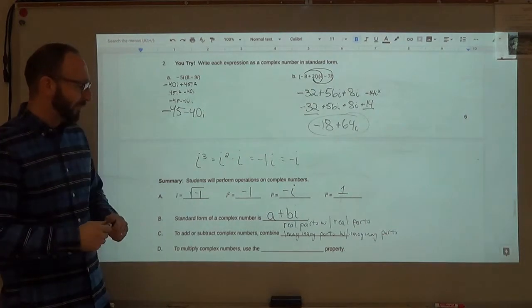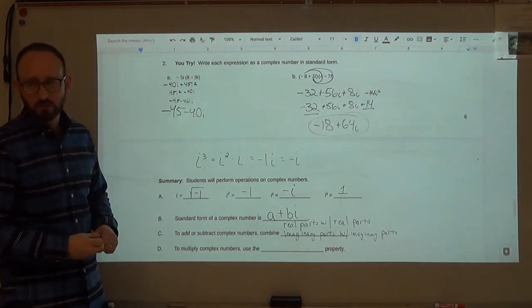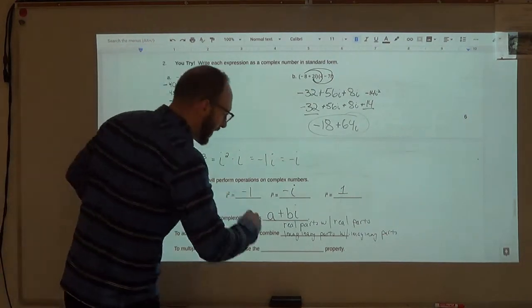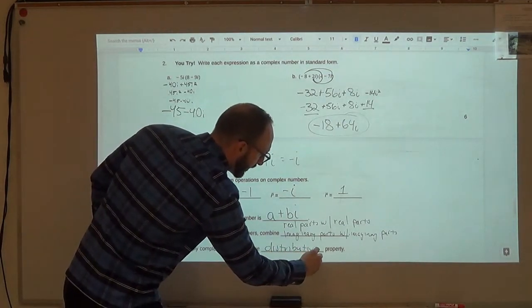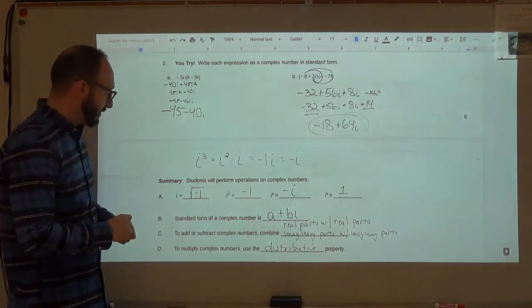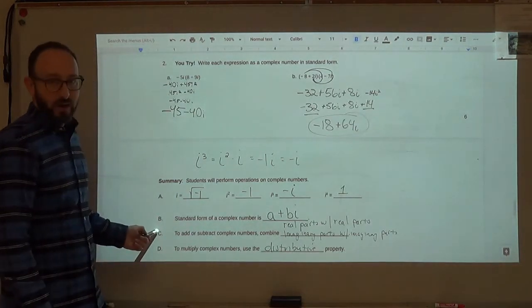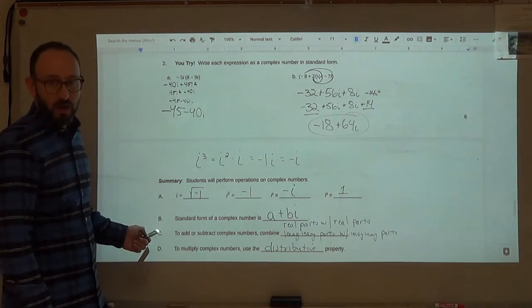And to multiply complex numbers, use what property? The distributive property. And more than likely, you're also going to have to do a little bit of adding and subtracting complex numbers as part of that process.